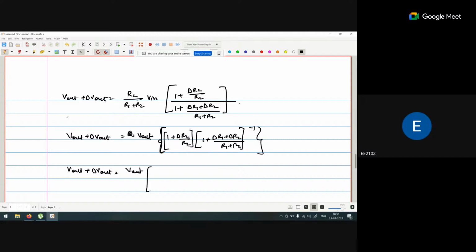Now if I multiply this, it becomes 1 plus delta R2 upon R2 minus (delta R1 plus delta R2) upon (R1 plus R2).